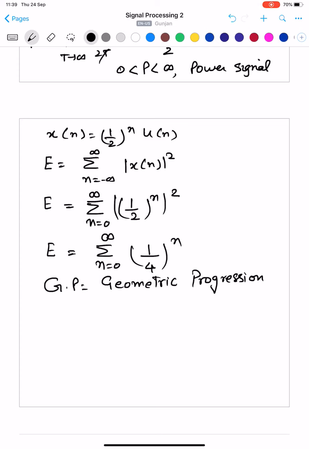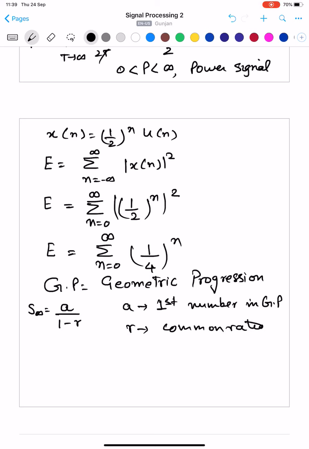So if you remember, for a geometric progression of infinite terms, the sum is equal to a upon 1 minus r, where a is the first term in the GP and r is its common ratio.